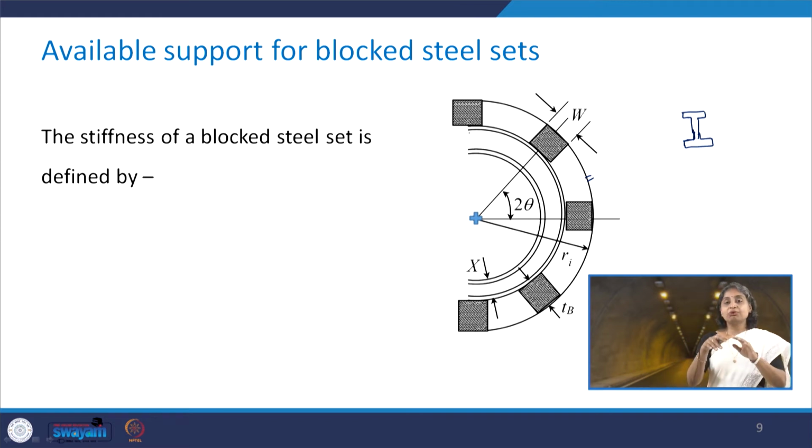When you have the excavated periphery, it is never going to be smooth, and when you try to install these steel sets all around the periphery of the tunnel, these steel sets may not be in perfect contact with the excavated surface.